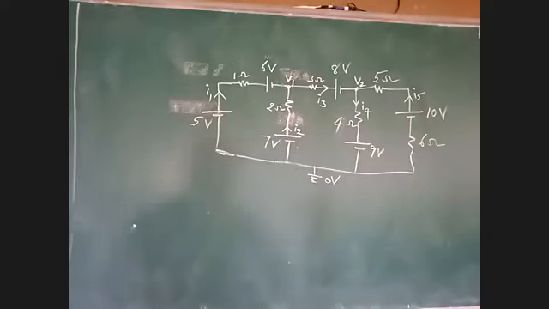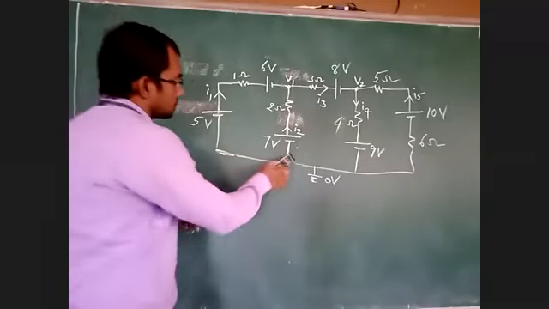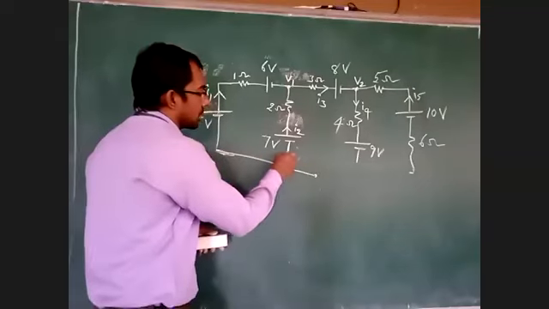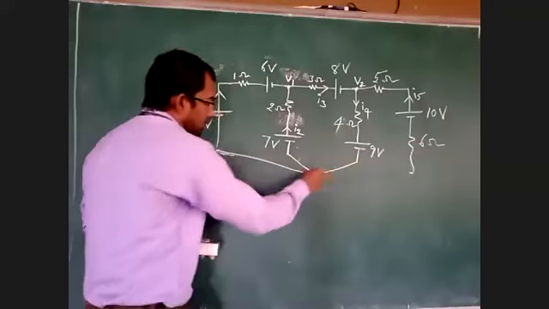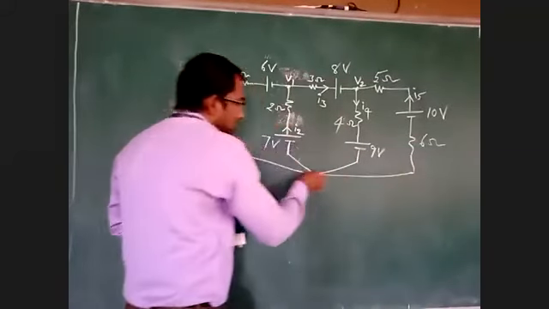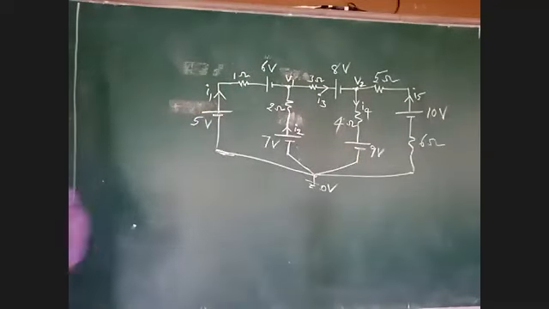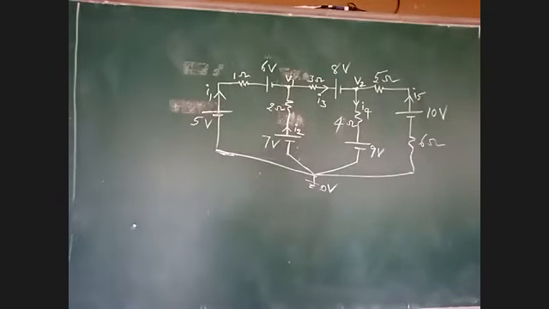See here, if you take this one as the node, this can be connected here, this can be connected here, this can be connected here. All the branches can be connected at one common point. There is no intersection of the branches there. That's why I had taken that one as the reference node, common node.